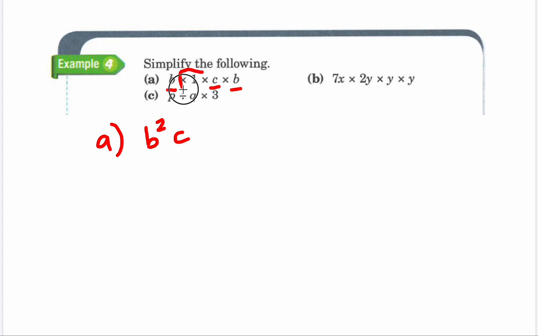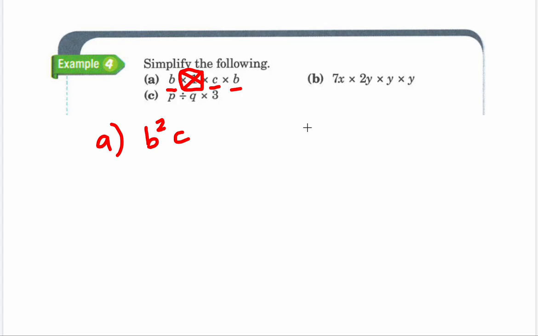I am going to get rid of that times 1 because remember, it doesn't do anything for me, right? Anything times 1 just stays the same. So that's extraness. Whenever you have a times 1, you can just kind of make it disappear into the background because it doesn't change anything. So again, I have 2 b's, so that becomes b squared. And then I also multiply by a c, so I add the c right there. This kind of just assumes that it's multiplication because there's no sign in between.